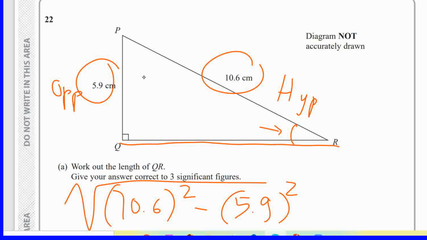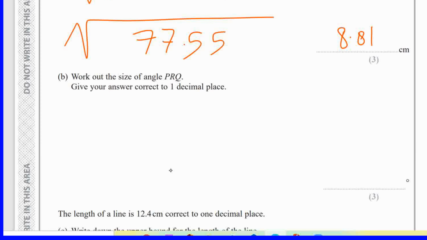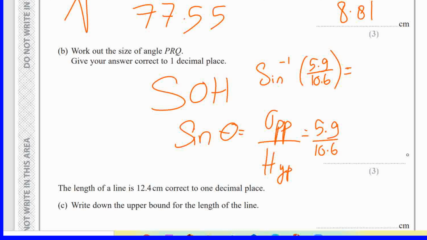So we know the formula: sine theta equals opposite over hypotenuse. If we calculate with the calculator using the inverse function, we get 33.8 degrees. So the answer is 33.8 degrees.